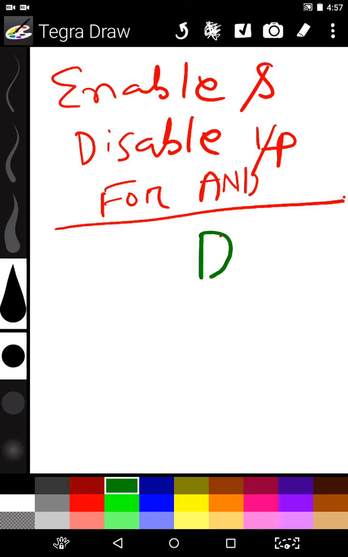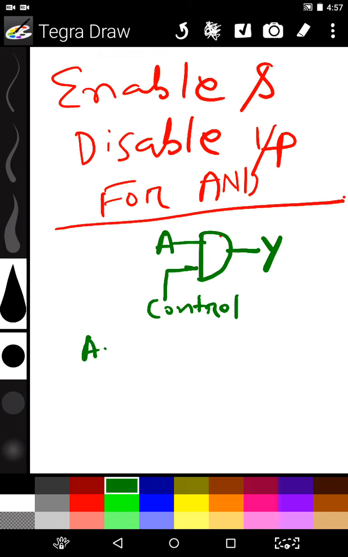This is the AND gate. Let's say A is the input and B is the other terminal, the control input. Y is the output. For control equal to 1, A dot 1 equals A, which means whatever we give as input we get the variation in output.